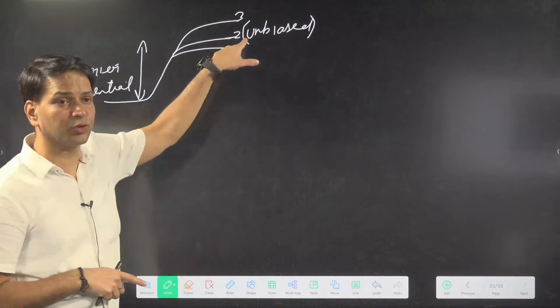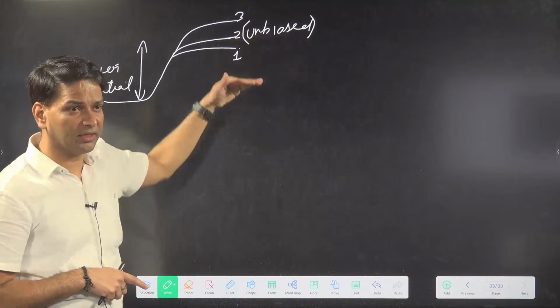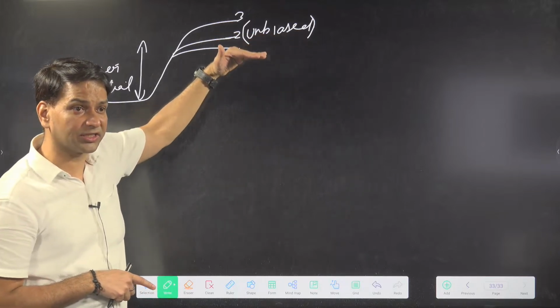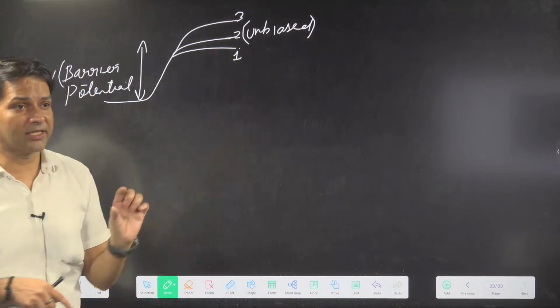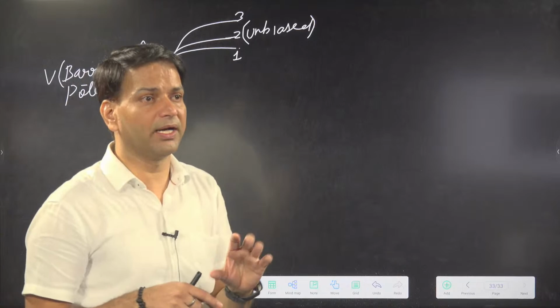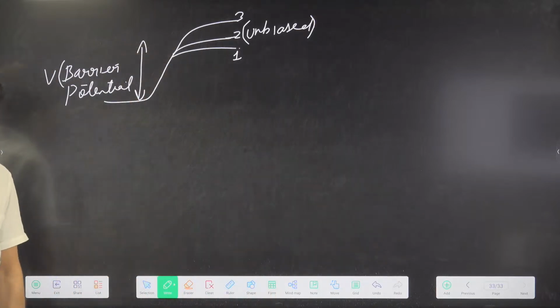So the second I have shown is the unbiased. So for one, the barrier potential decreases with respect to the unbiased. So is one forward or reverse?